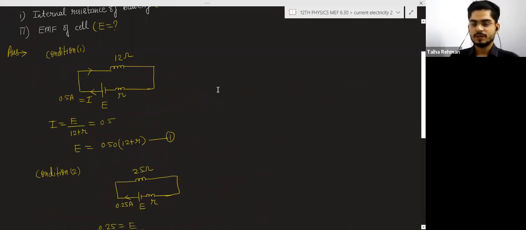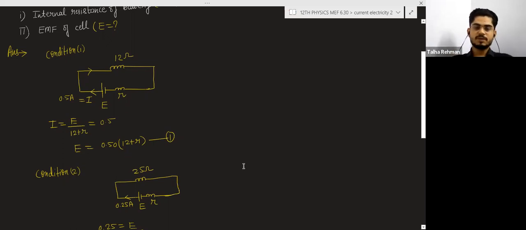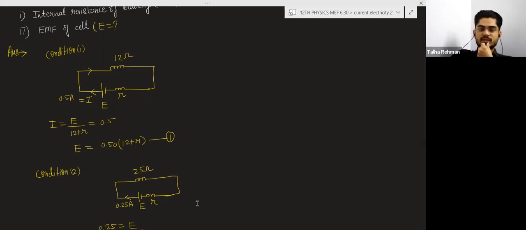What we are doing in this question: we have a cell, a battery, and first we connect the battery with a 12 ohm resistance, and that gives a current of 0.5 ampere. So I have made one equation. After that, we have the same battery connected with 25 ohm, and we get a current of 0.25 ampere, and we have got the second equation, and we have solved both equations and got the answers.